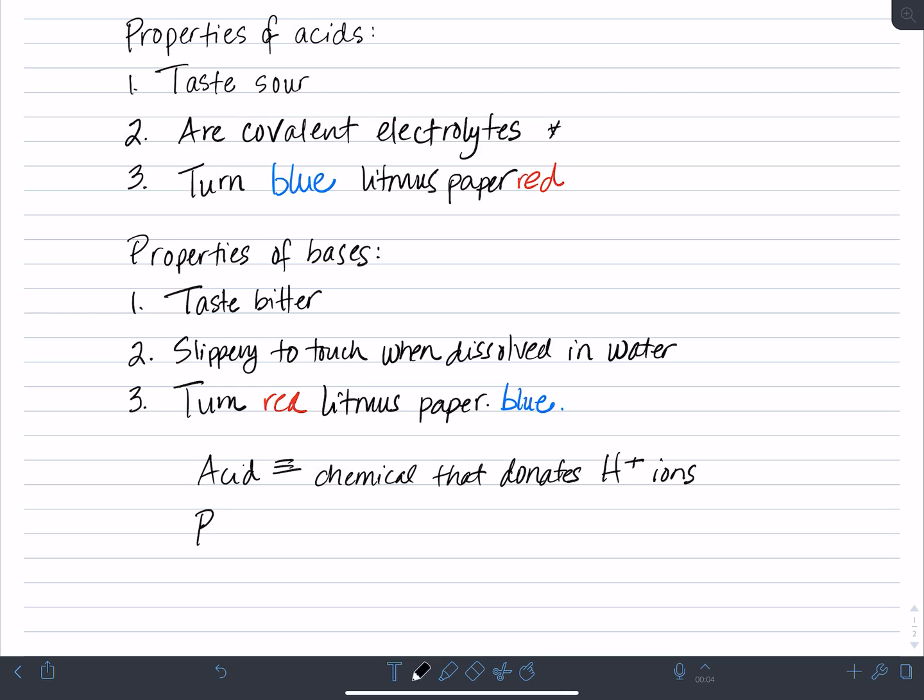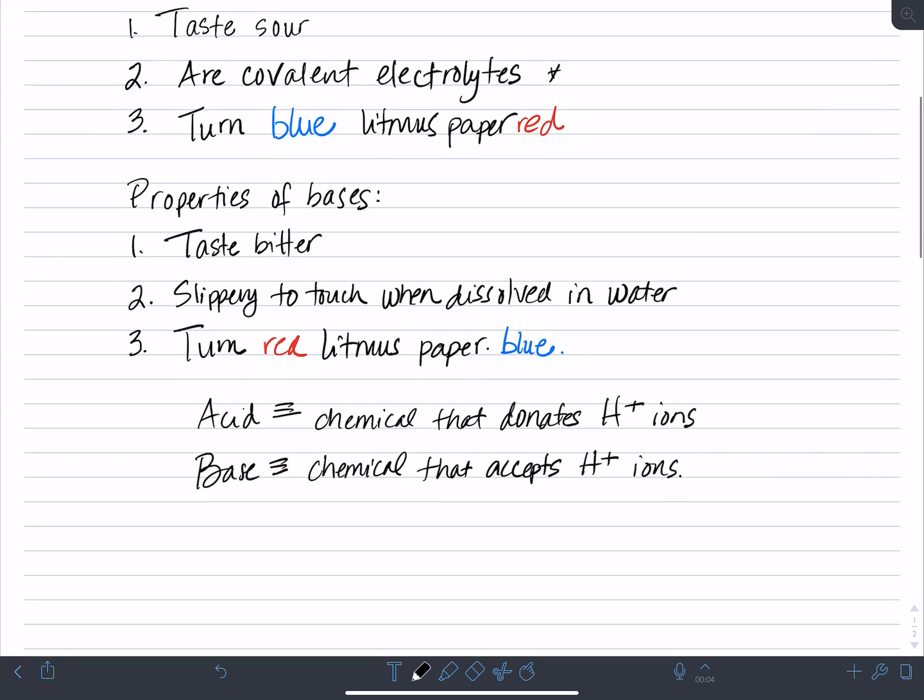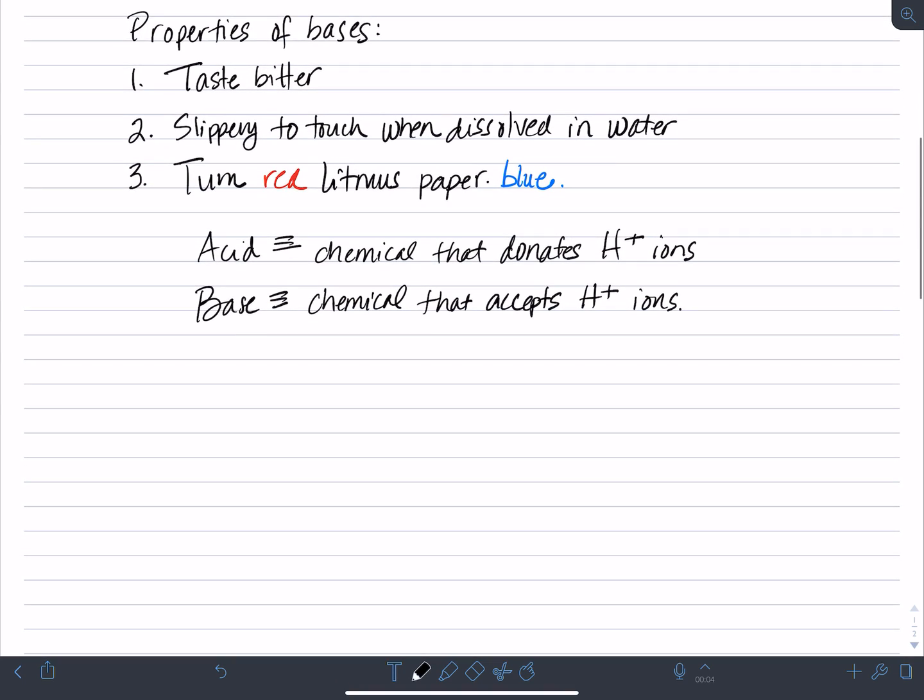And a base is defined as a chemical that accepts H+ ions. Okay, now let's talk for just a minute about what that means.